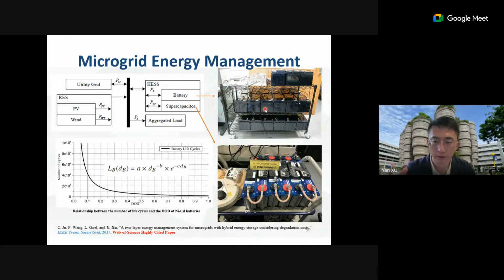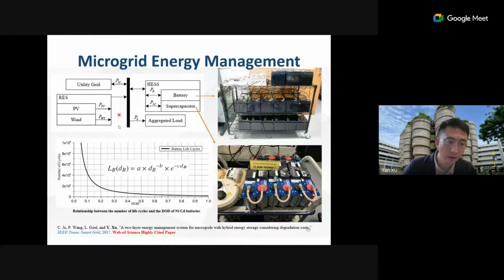It's cheaper and more mature, but its power density compared with the supercapacitor is smaller. The supercap has an extremely fast response speed because the electrons are directly stored in the capacitors. Now, by forming this hybrid energy storage system, we can utilize the advantages: the high power density from the supercapacitor and the high energy density from the battery.